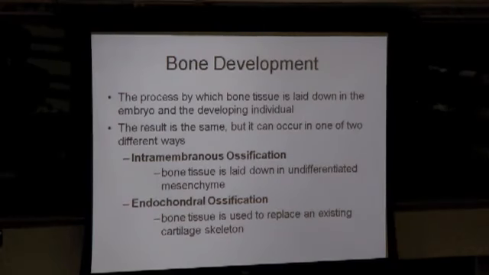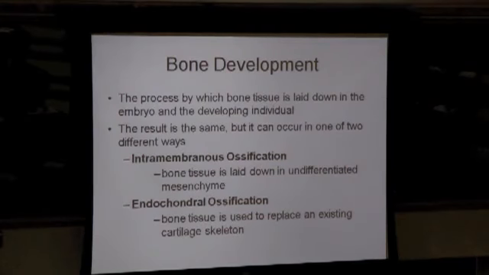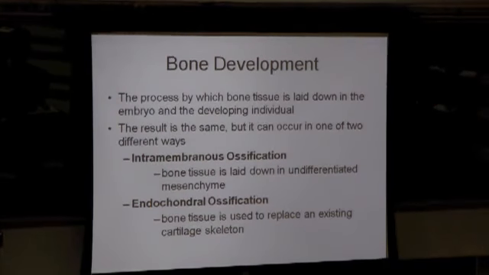And hopefully we all know that apositional is the only type of growth in bone. Whereas bone development specifically refers to the type of development that we're dealing with. So there are two types: intramembranous ossification and endochondral ossification.